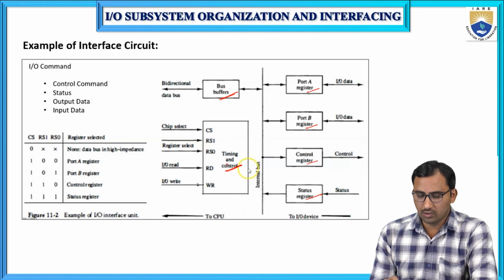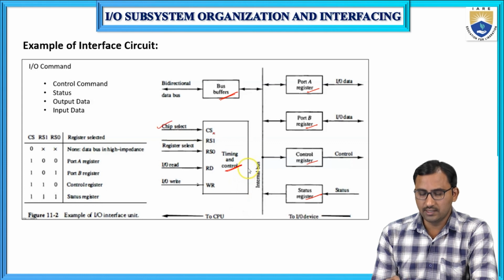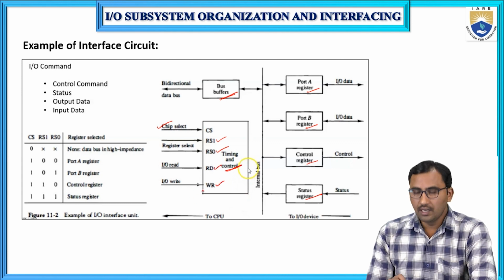The timing and control circuit has some inputs like CS. CS means chip selection. RS means register selection. We have two register selection inputs, RS1 and RS0. And two more inputs are there, that are read and write, because we can perform read and write operations with the IO devices.